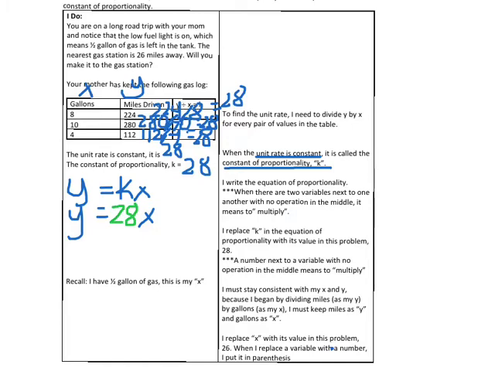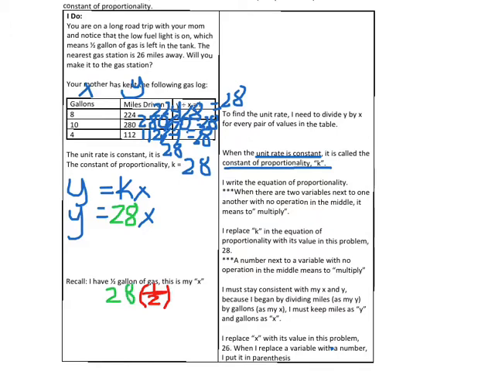Now I know that I have half a gallon of gas in the tank. That's my x value. So instead of x, I'm going to write my value. In this case, that is 1/2. My constant of proportionality, I just bring back down from the previous step, as well as the rest of my equation.